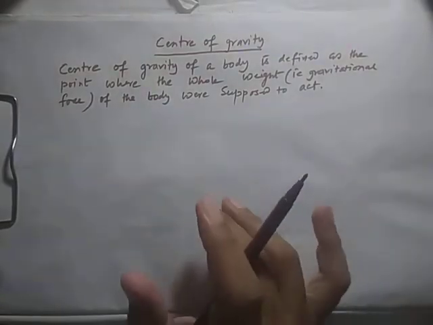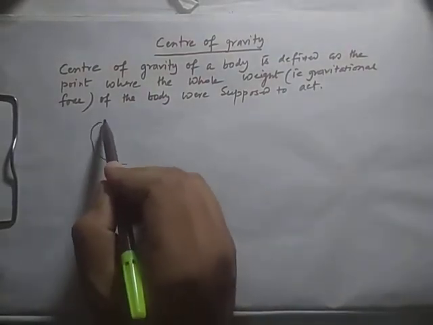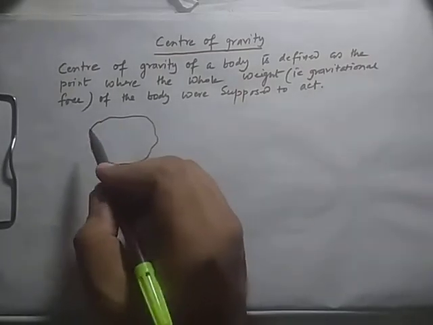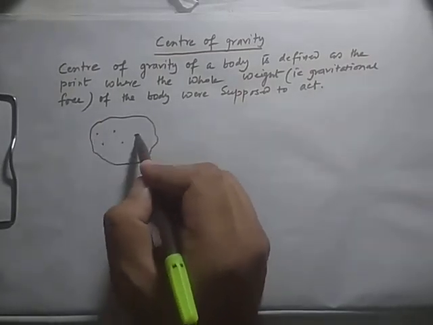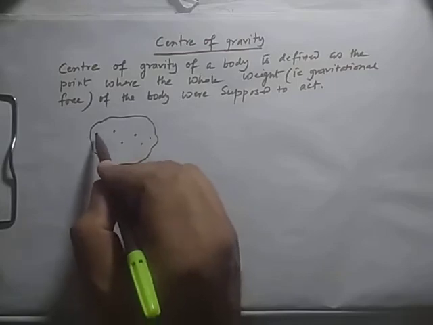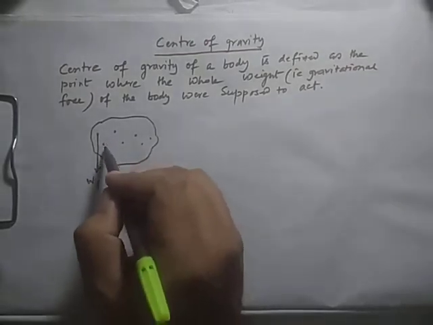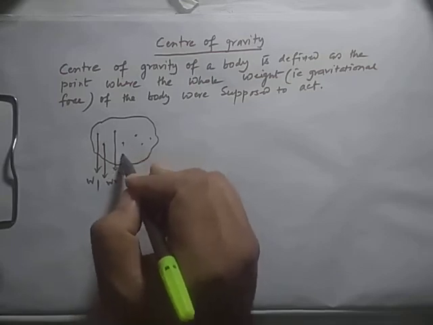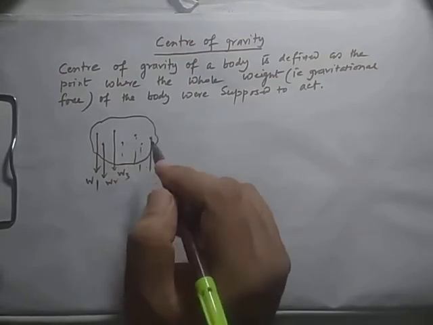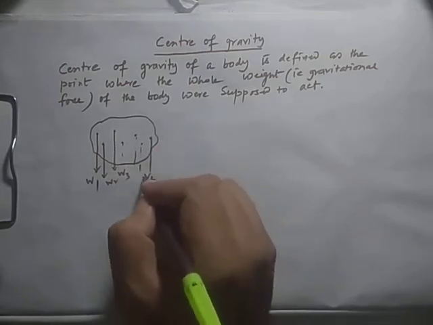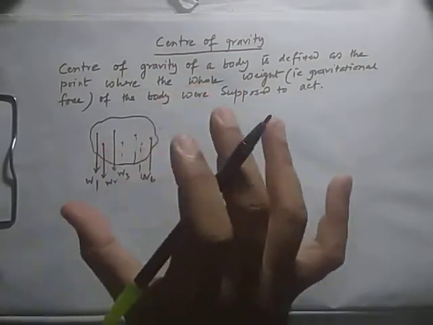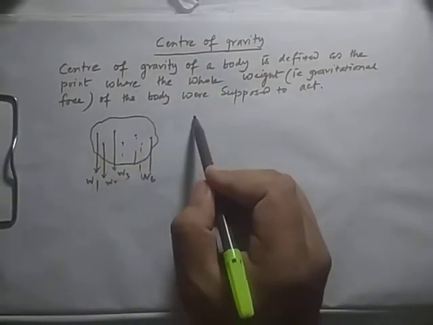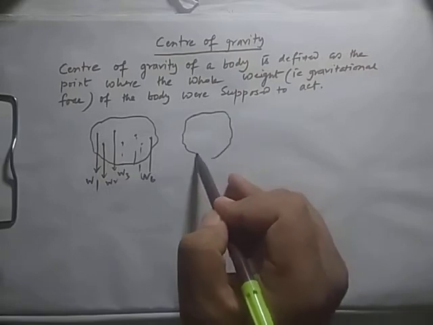That is called the center of gravity. Now we consider an object like this, a system of particles, and different particles are there. The weight of this particle is W1, this one is W2, this one is W3, and so on, this one is Wn. All the weights will be added at one particular point, where it will work.